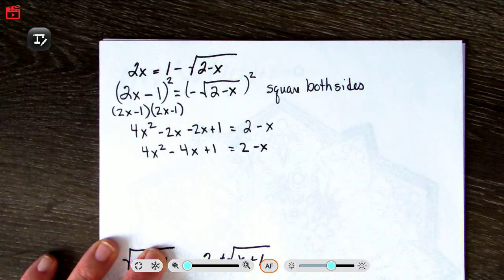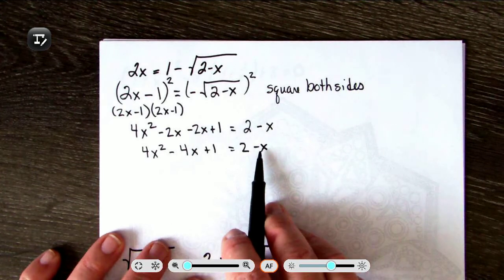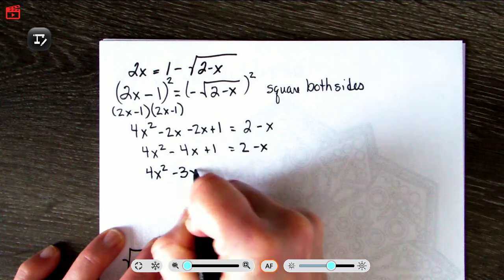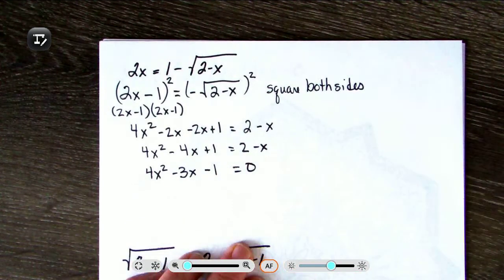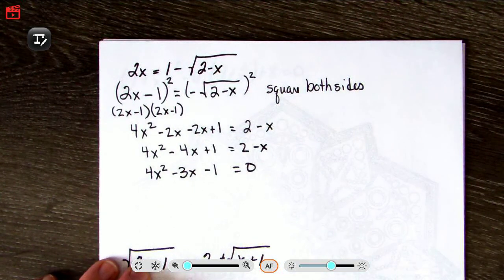It's a quadratic, so again, our technique is to set it equal to 0. So I'm going to move this x to the other side. So I'm going to be adding x to both sides. So that gives me a minus 3x. And I'm going to subtract 2, so minus 1. And now I want to factor it if possible.